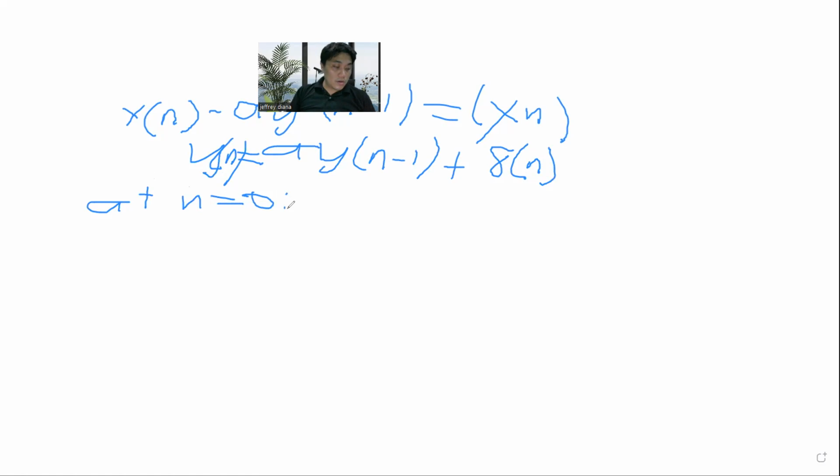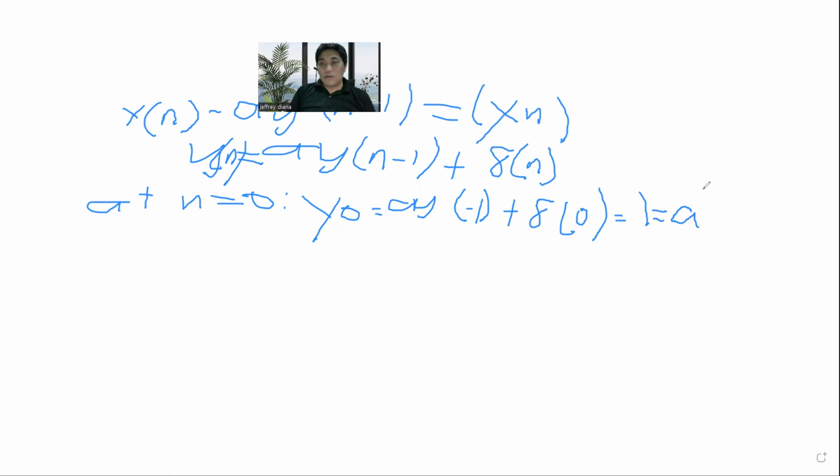For n equal to 0, y[-1] is 0, so y[0] equals a times y[-1] plus delta[0], which is equal to 1, or a to the power of 0. This is for n equal to 0.